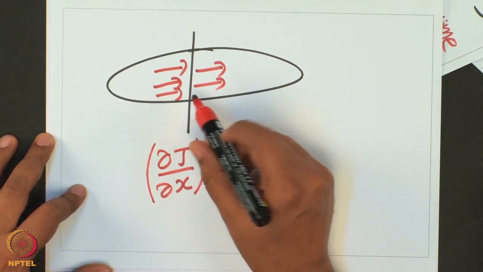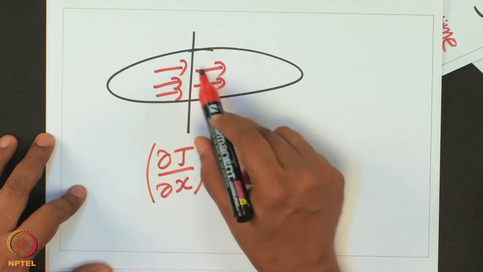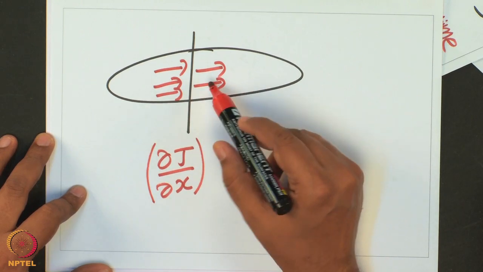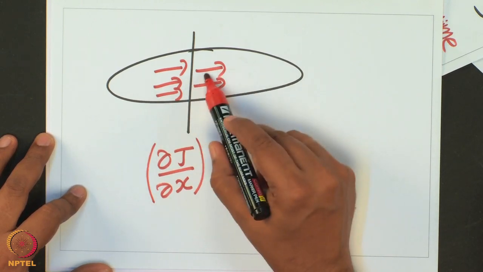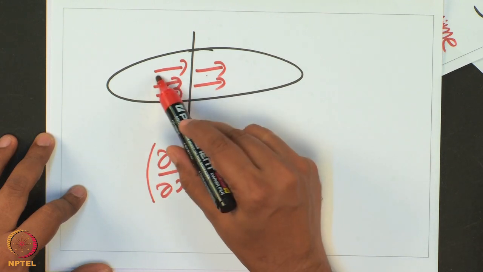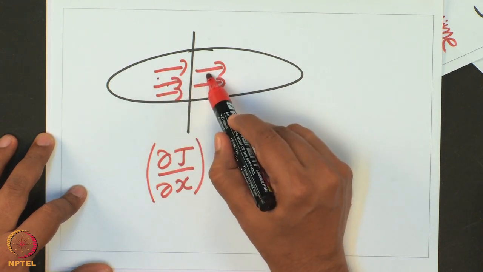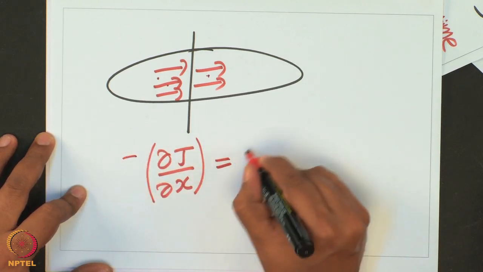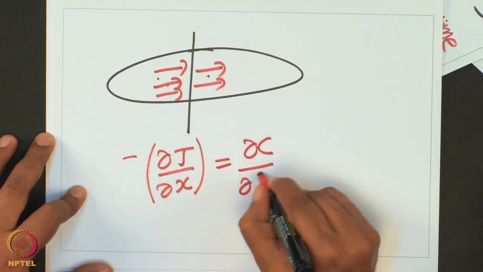Depending on the value of del J by del x, if del J by del x is 0, this means whatever comes in goes out. If del J by del x is positive, that means this flow is more than this flow. If del J by del x is negative, this flow is more than this flow. So the claim is that minus del J by del x is del C by del t.